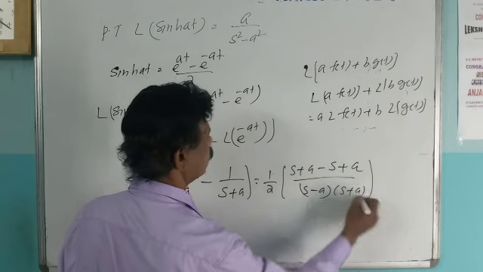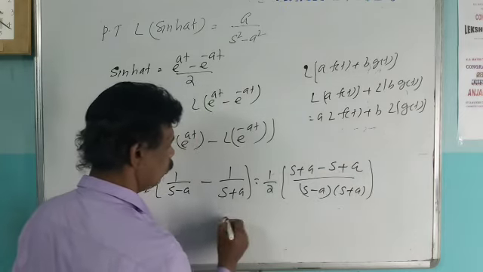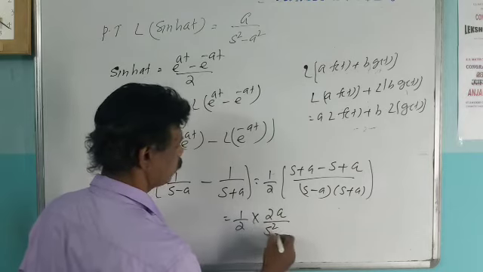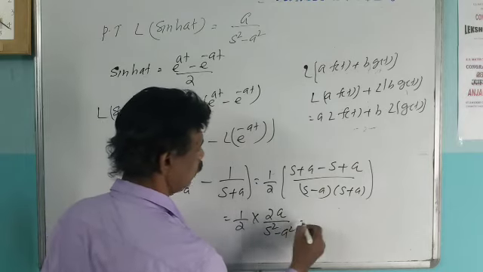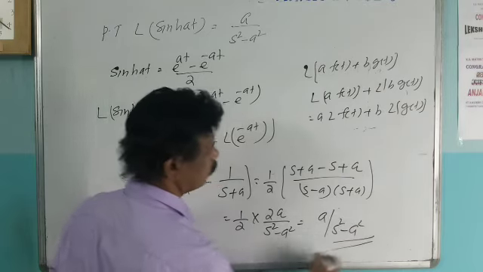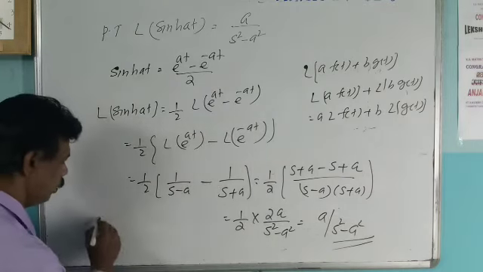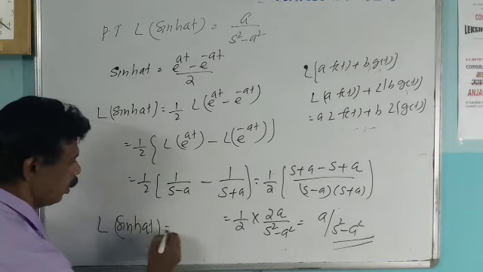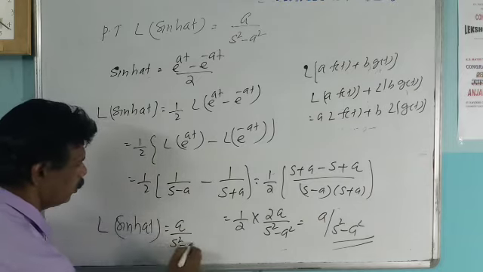We can cancel the s and s. So 1 by 2 into 2a by s square minus a square. The 2 and 2 cancel, then we can write a divided by s square minus a square. And Laplace of sinh at equals a divided by s square minus a square.